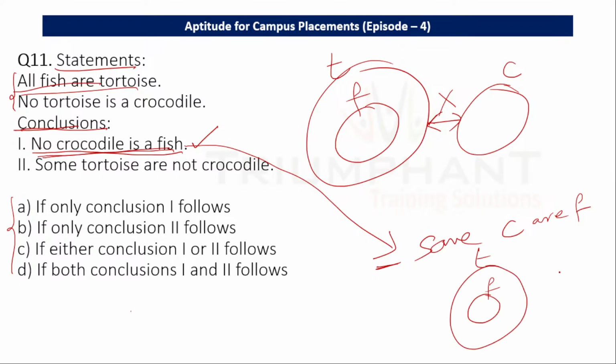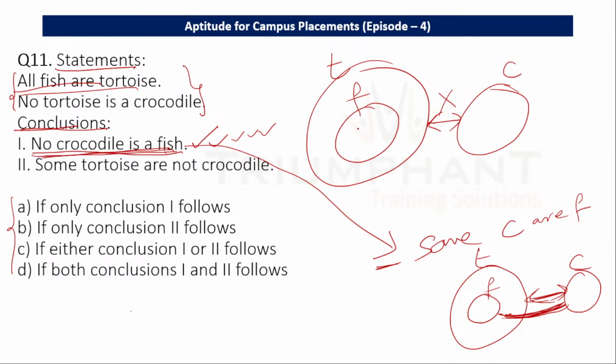As clearly he said no tortoise is a crocodile, I am not supposed to intersect tortoise and crocodile, so obviously I cannot intersect crocodile and fish either. Since I cannot intersect crocodile and fish without disturbing the statements, the first conclusion is always true.